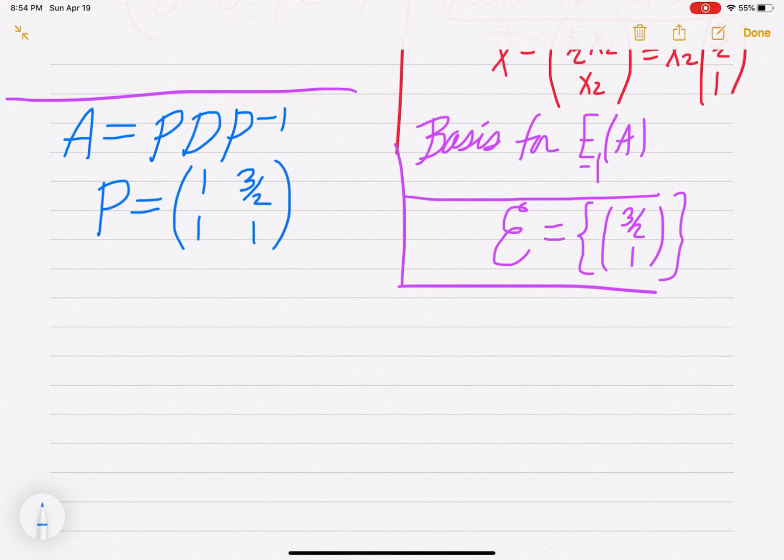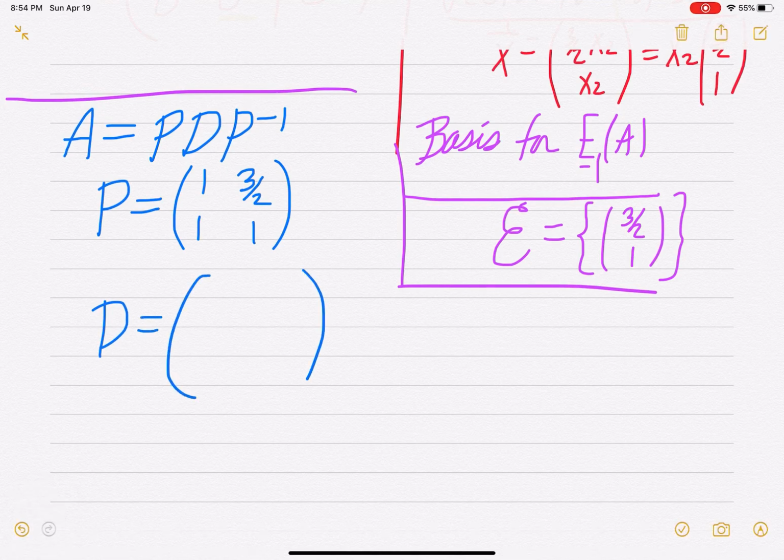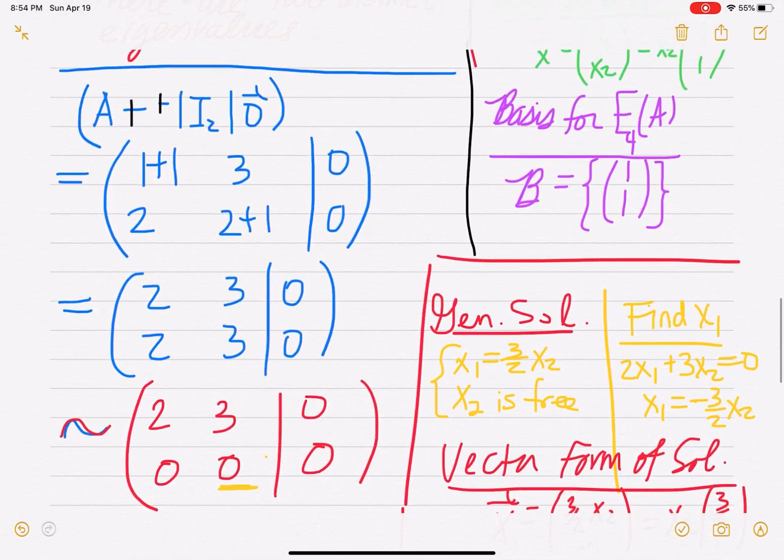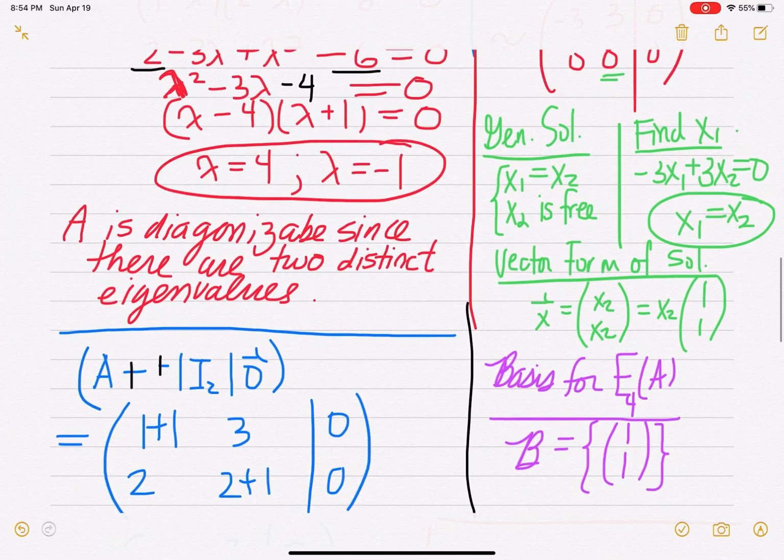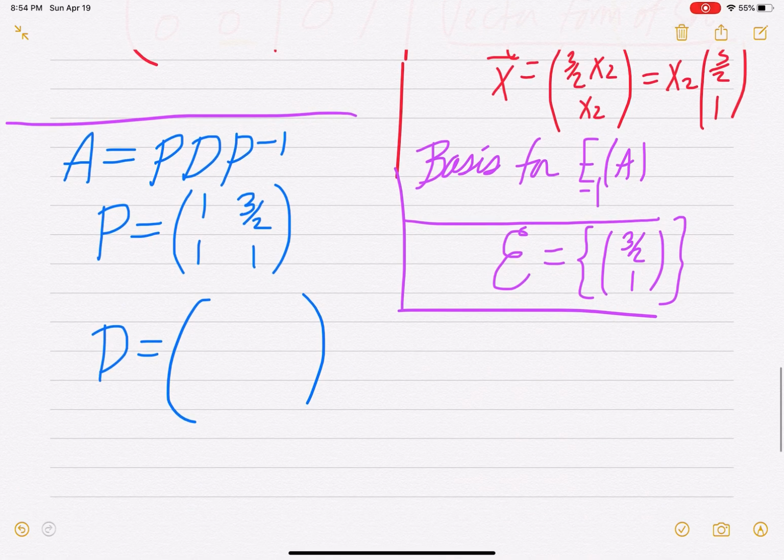That's what your P is going to look like. And your D is just going to be a diagonal matrix with the eigenvalues in the order that you found them, so 4 and negative 1, and then you put zeros everywhere else.